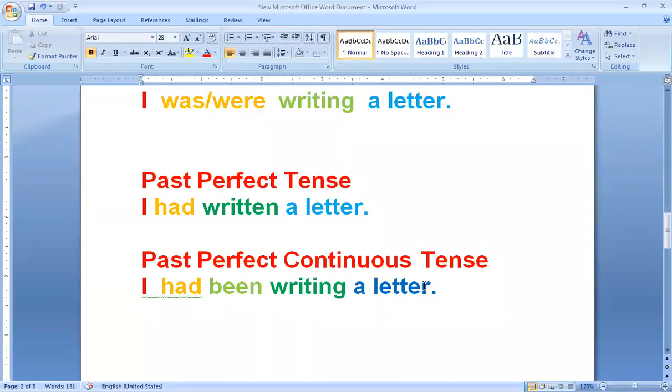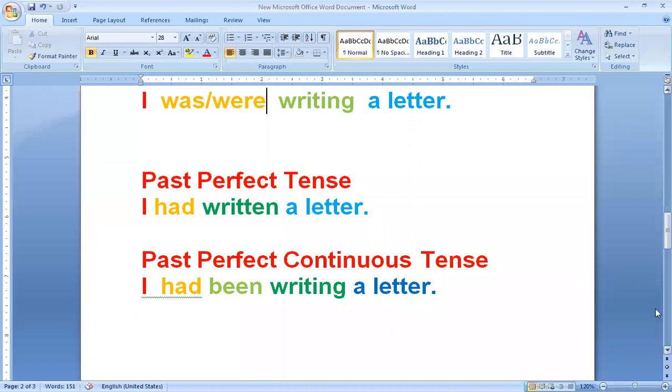We had been talking on English in our class. So such are the past perfect continuous tense. My younger brother had been studying for his entrance. So these are the examples of past perfect continuous tense.